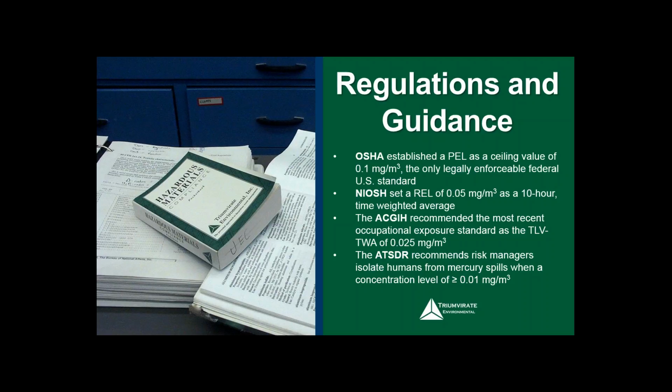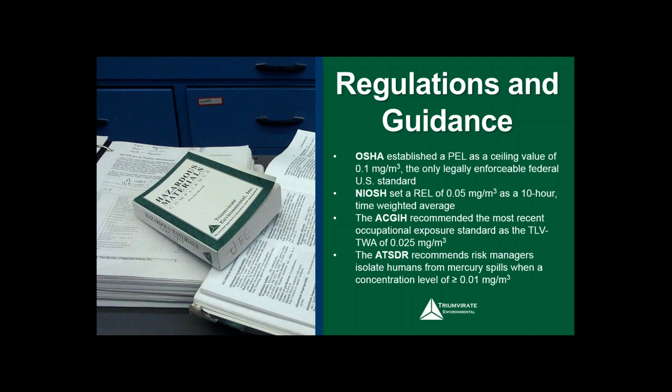The ACGIH, which is the American Conference of Governmental Industrial Hygienists, then came out with their study and did a recommended, most recent occupational exposure standard as a threshold limit value time-weighted average of 0.025 milligrams per cubic meter, which you'll note is half of the REL.